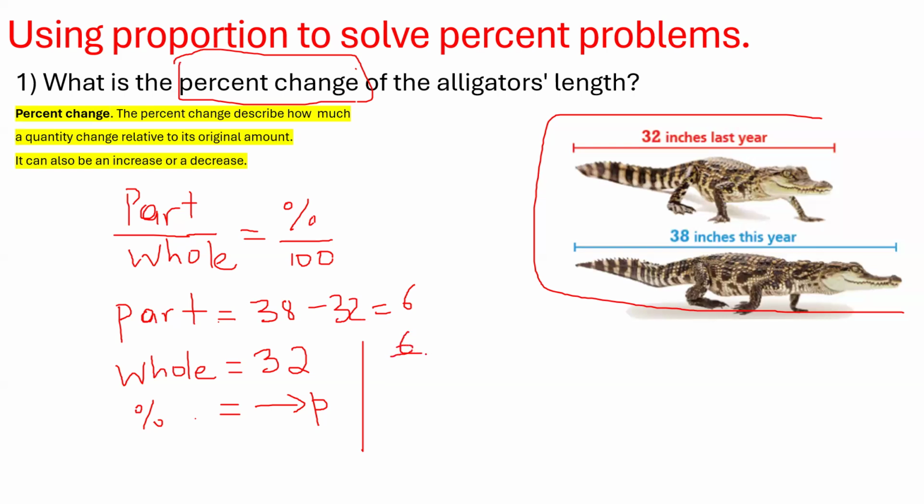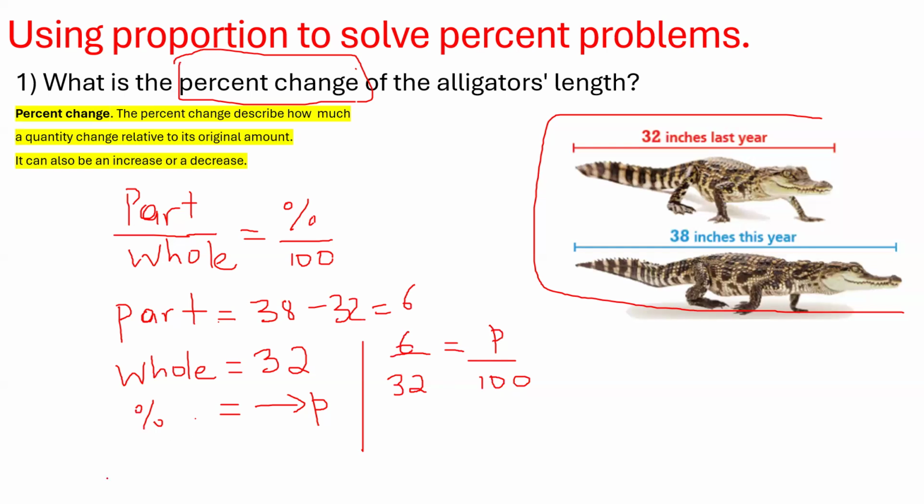Our part is 6. Our whole is 32. And we are finding percent, which is P over 100. Percent means out of 100 or per every 100, so 100 is always our denominator.